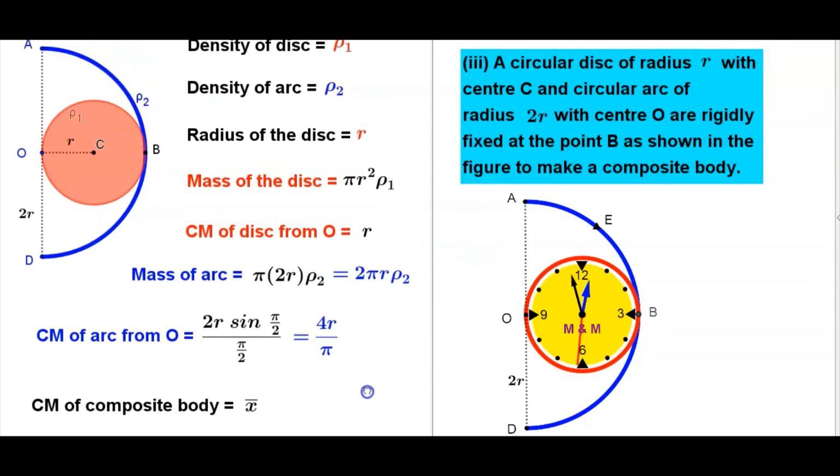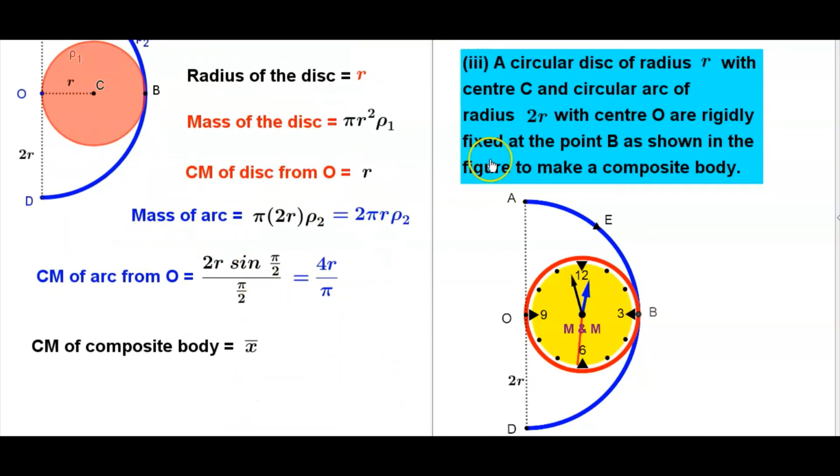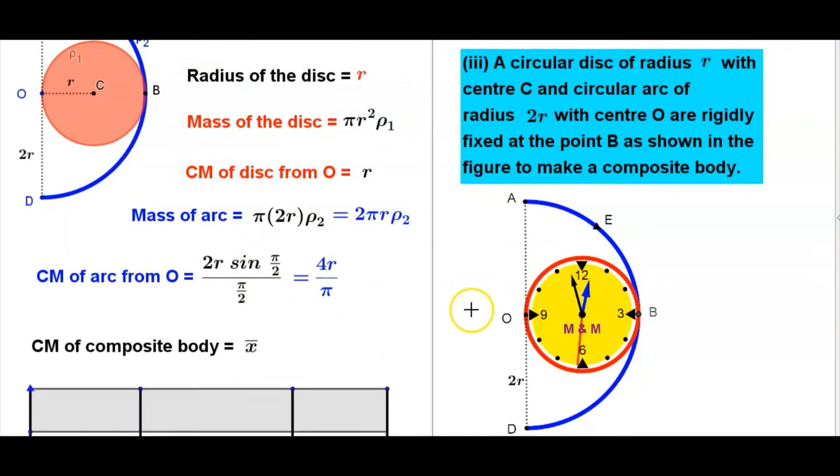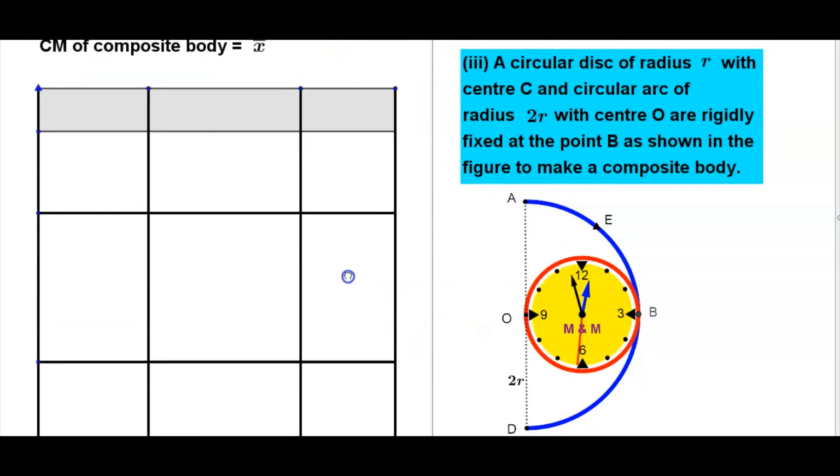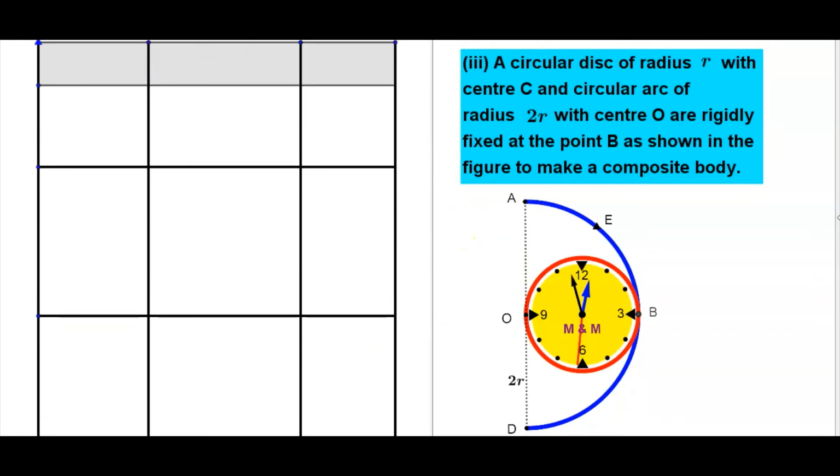The center of mass of the composite body is x bar. We want to find out x bar. We make a chart: object, mass, and distance of center of mass from point O. The first object is the disk, radius r, density rho 1, therefore the mass is pi r squared, area into density rho 1.